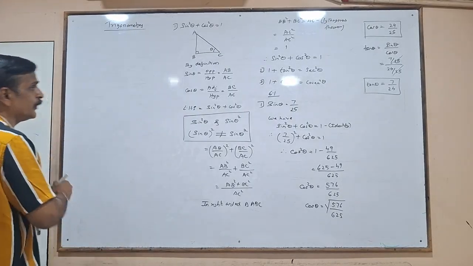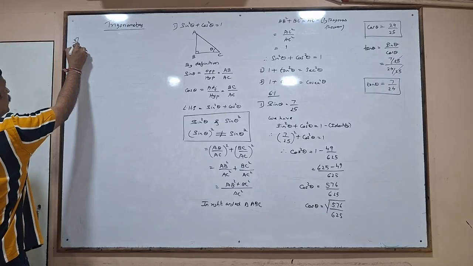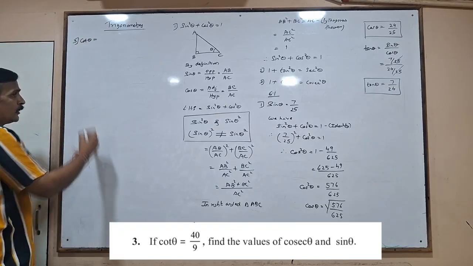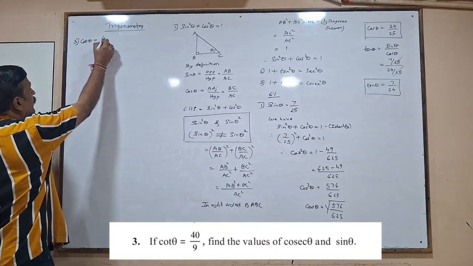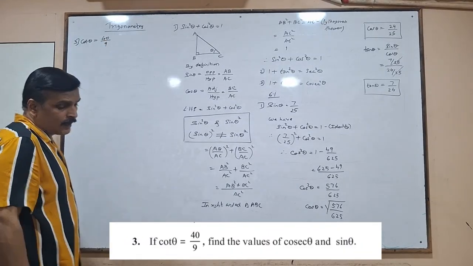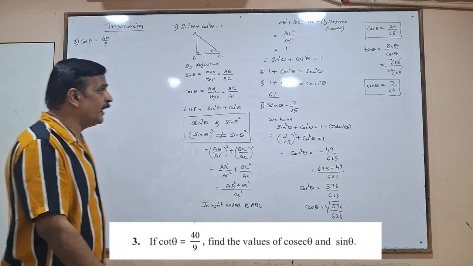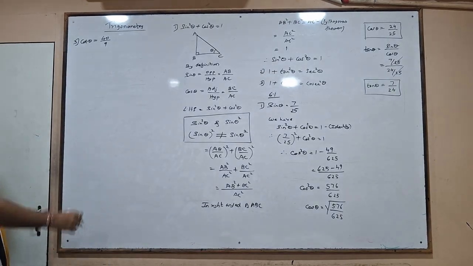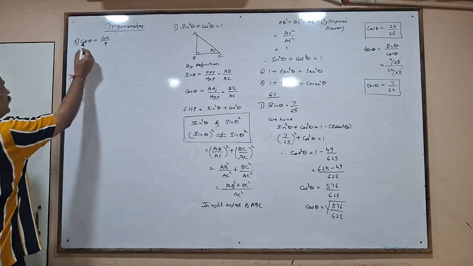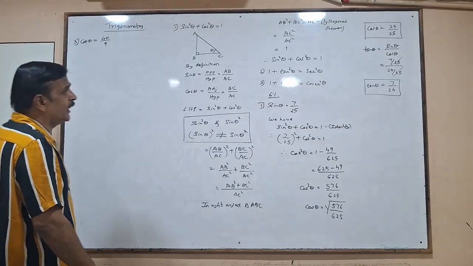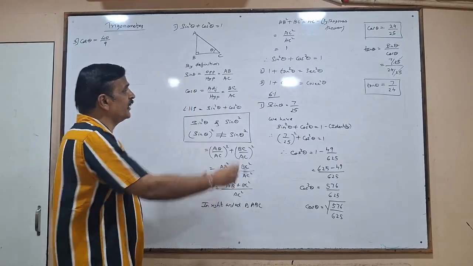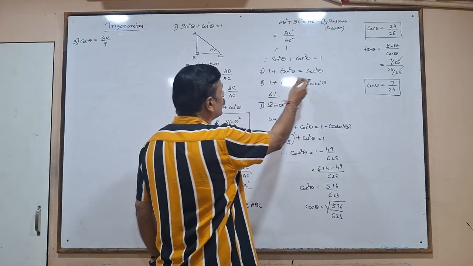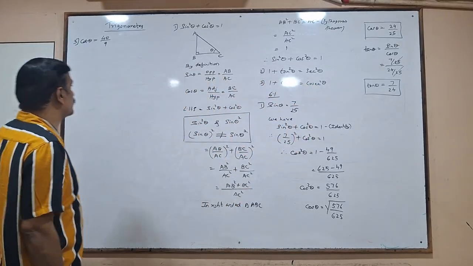So, the third question of 6.1, they have given a value of cot theta. Cot theta is 40 upon 9. And they have asked the values of cosec and sine. Again, if I know cot theta and if I want cosec theta, I use the third identity which says 1 plus cot square is equal to cosec square.